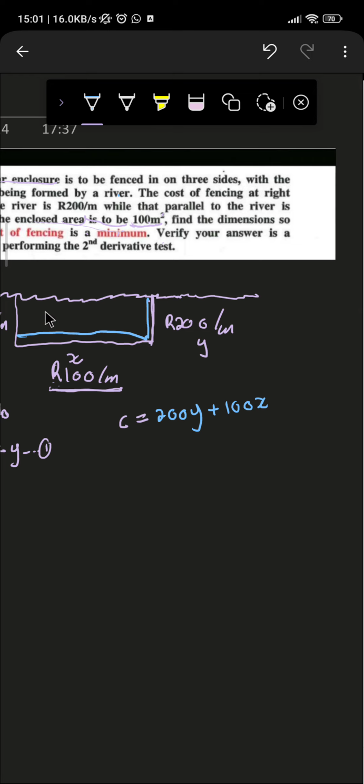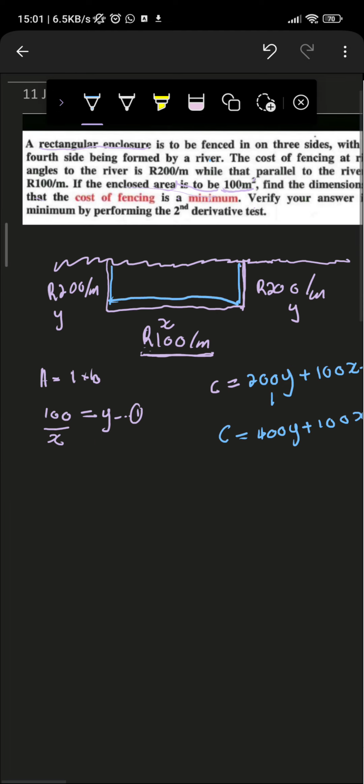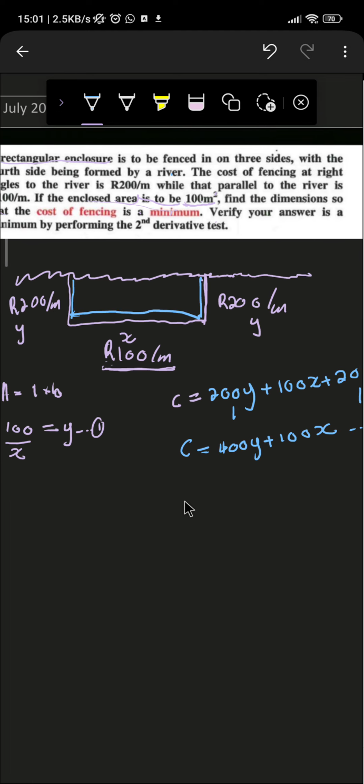And the last one, from here to there, is going to be 200y. When you are there, you group this and this and add them together. They are going to give you 400y plus 100x, so we have our cost there. This can be your equation number 2. So let us proceed.